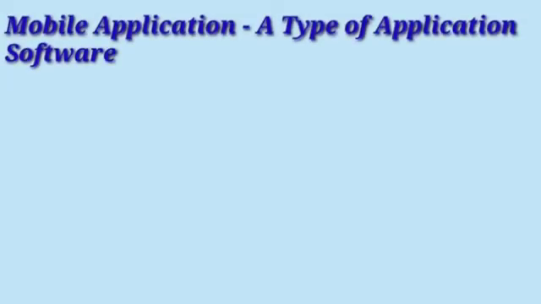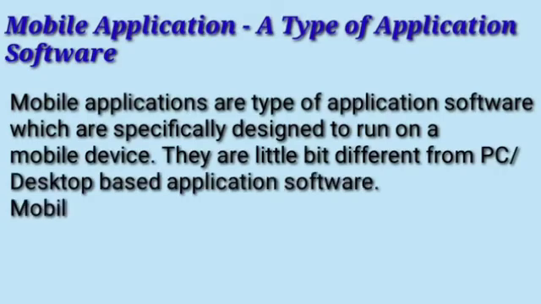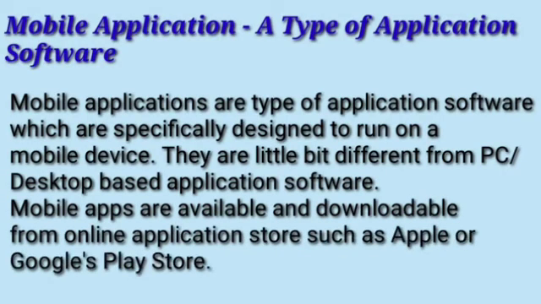All right. Now students, as we have learned about different kinds of application software, the last application software I want to discuss is the mobile application, which you must have heard about. It is also a type of application software specifically designed to run on mobile devices. Like other application software, mobile applications serve a specific purpose, and they are a little bit different from personal computer or desktop based application software.